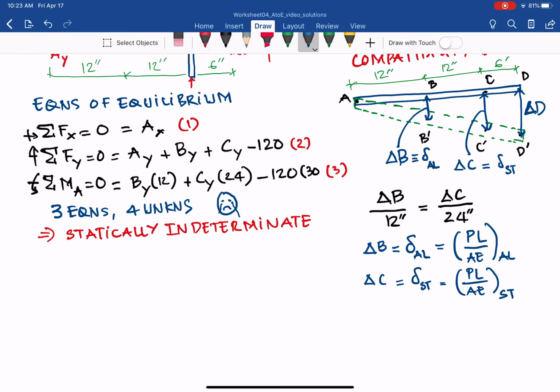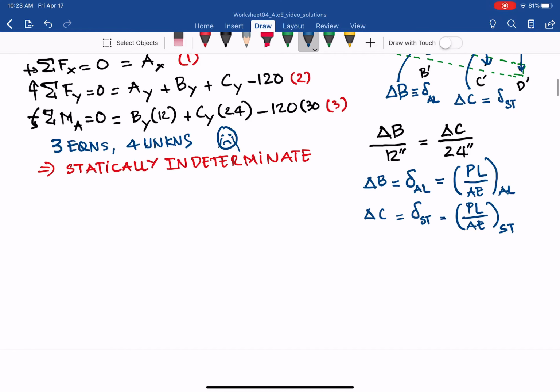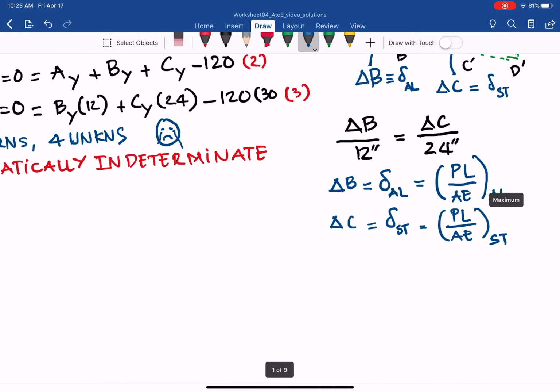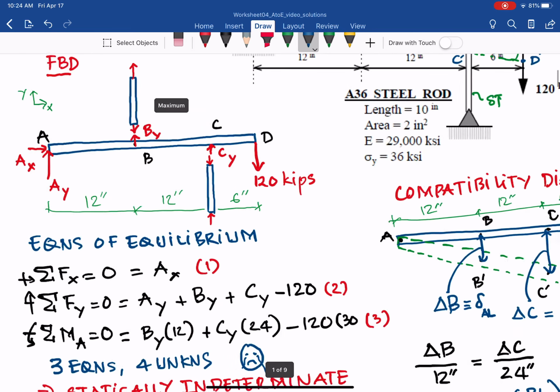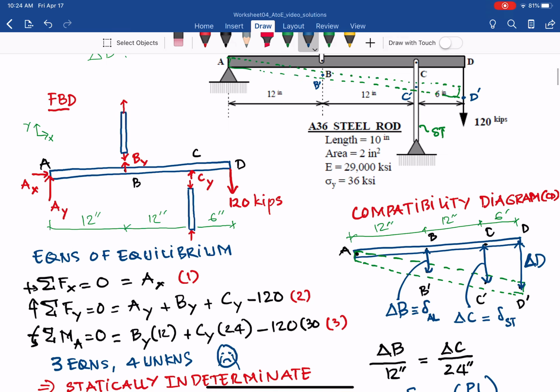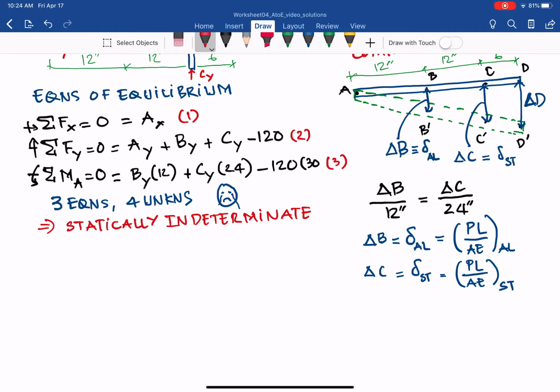Let's elaborate here on that side. The load applied on that member, for example, the P in aluminum is actually BY, because that here is also BY, and that here is CY. So the load applied on the member is BY for the aluminum rod and CY for the steel rod. So it's not 120 kips when you plug the P in there.